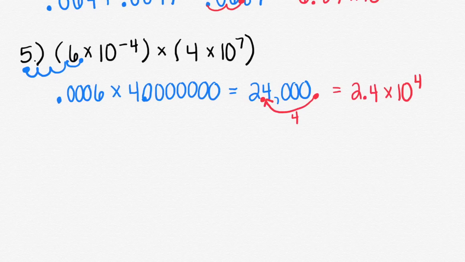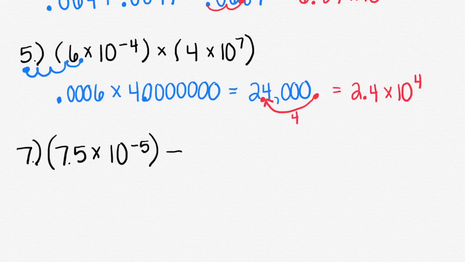Last problem we're going to do together is number 7, a division problem. So we have 7.5 times 10 to the negative 5th divided by 3 times 10 to the negative 3rd. Okay. Again, we have to move our decimal point. This time we're moving it to the left.